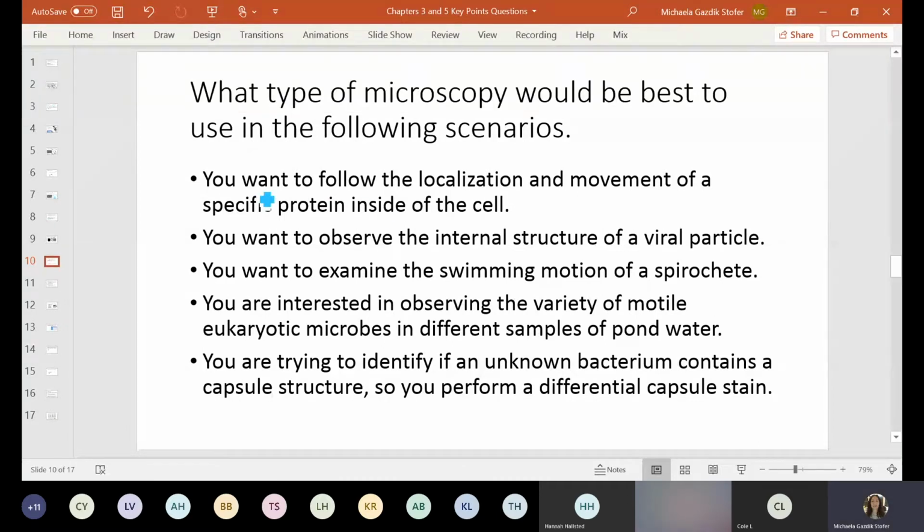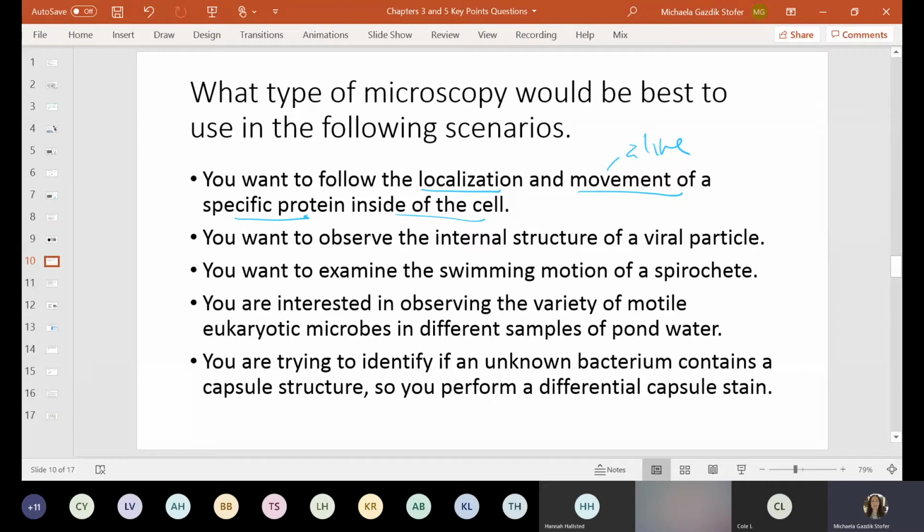Okay, so if we wanted to follow the localization and movement, so where and how is it moving, of a specific protein inside a cell, what type of microscope would we want to do? And I'm going to walk you through the logic of how to answer these types of questions. So things to think about. We're looking for localization and movement. And so the first step is if anything's moving through cells, those cells have to be alive.